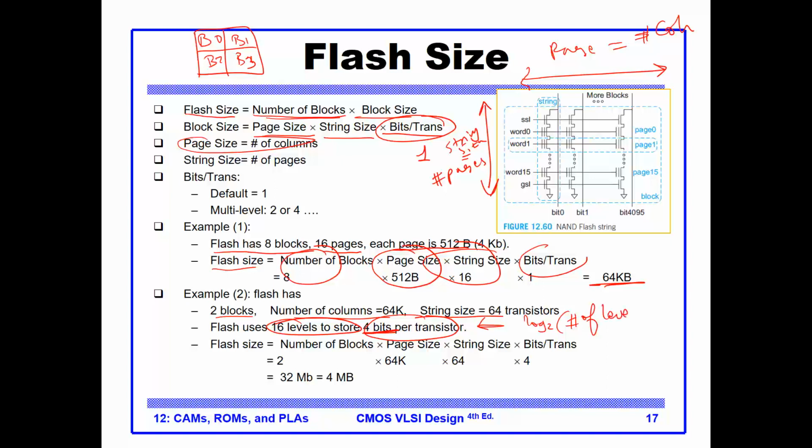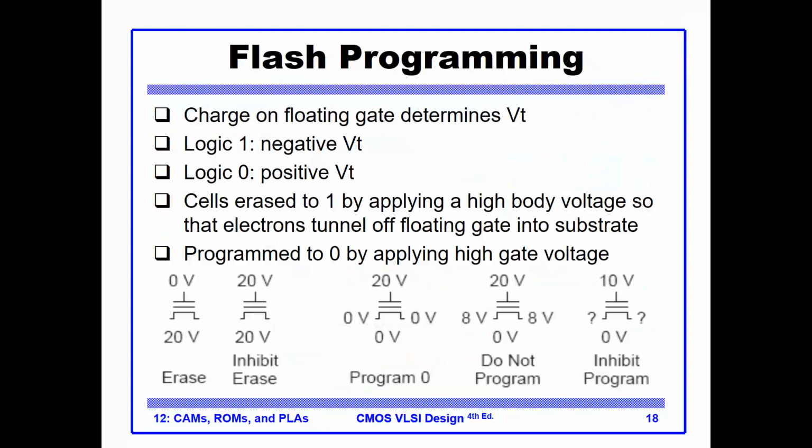So if you have 16, you can program up to 4 bits. So in this case, the flash size equals the number of blocks, which is 2, times the page size, times the string size, times the number of bits per cell or per transistor, and that gives us 4 million bytes.